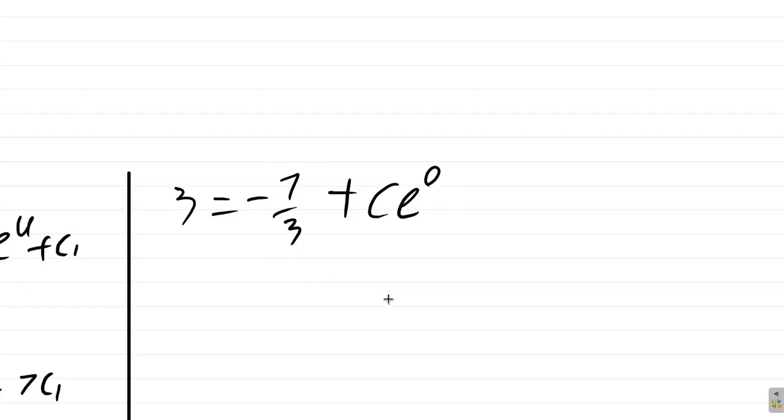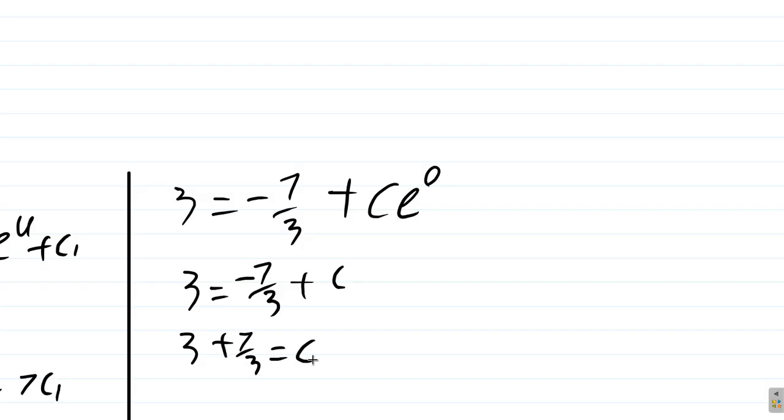So you can say c plus, alright, let's see now, 3 equals negative 7/3 plus c. If you add 7/3 to both sides, you're going to get 3 plus 7/3 equals c.